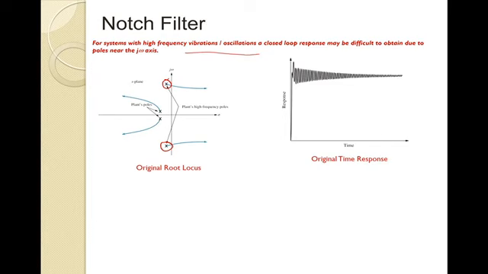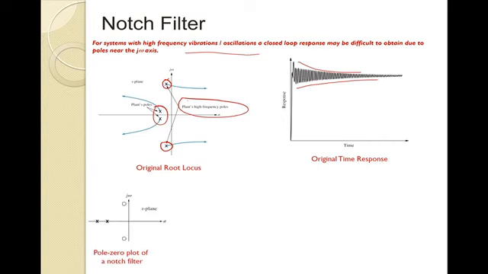So maybe if your plant poles were here, you had some higher frequency poles, etc. So designing this compensator may be difficult, and again, you might get a response here, so a lot of high frequency oscillation. It damps out and eventually goes, but you may not want that high frequency vibration. It may lead to noise or wear out mechanisms, etc.